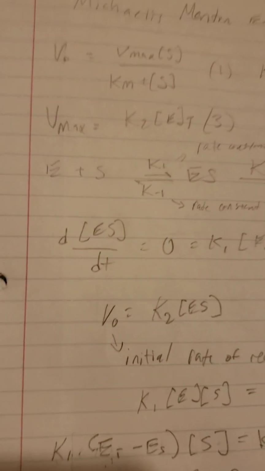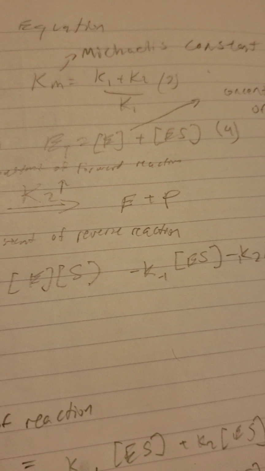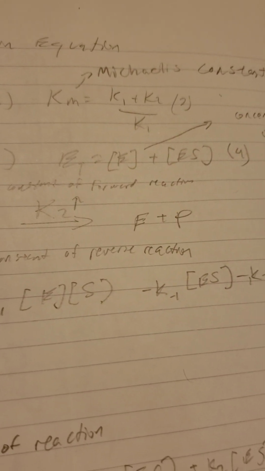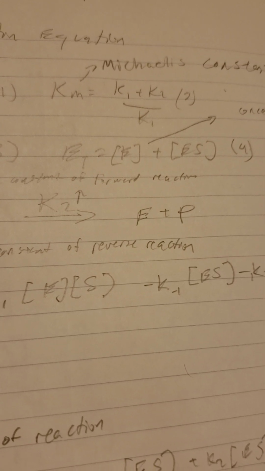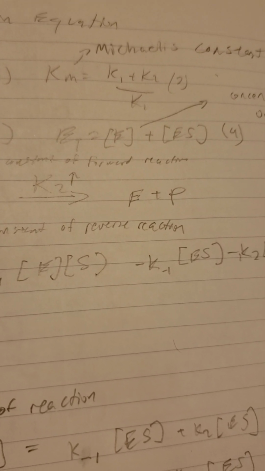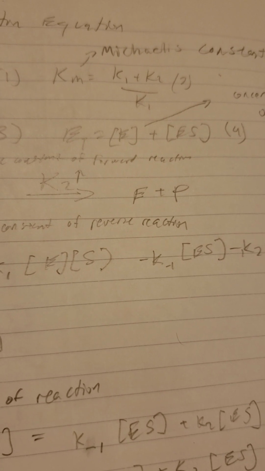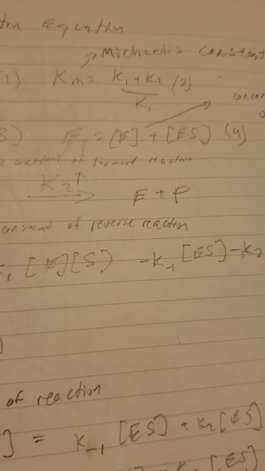Now, before we proceed with the next step, it's important to refer back to the fourth equation up here, one of the 4 equations we were originally given, where E sub T stands for the total enzyme concentration, equaling the concentration of the enzyme plus ES.